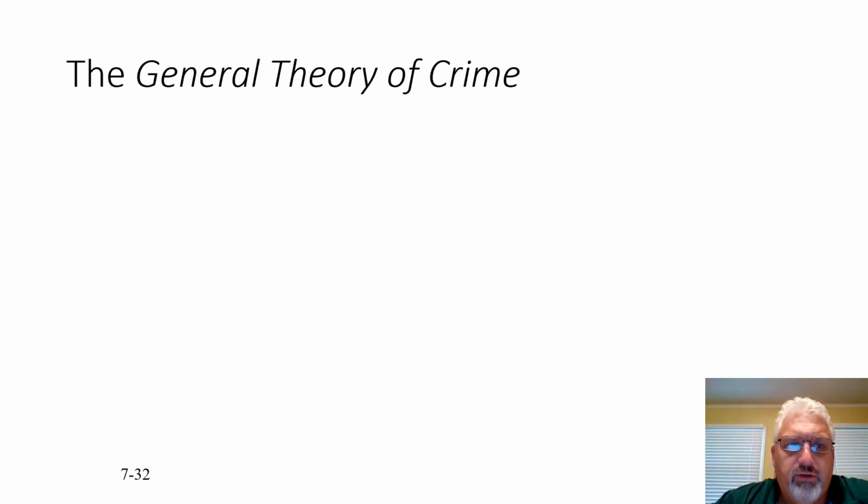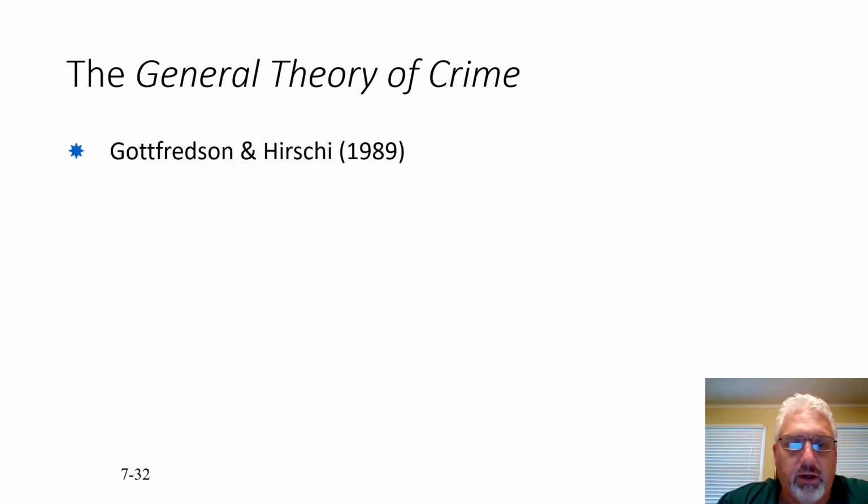Okay, we're going to finish the section on Hirschi. Later in life, about 10 to 15 years after Hirschi's big book was published, he and a gentleman named Gottfredson wrote a second book, called The General Theory of Crime. That's the title of the book, actually.